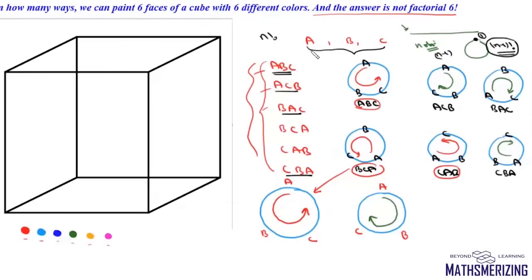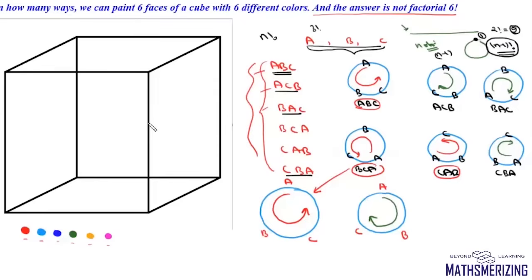That is the reason when we arrange ABC on a line, we have factorial 3, which is 6 ways, and on a circle, we have factorial 3 minus 1, which is factorial 2, and that is only 2 possible ways.